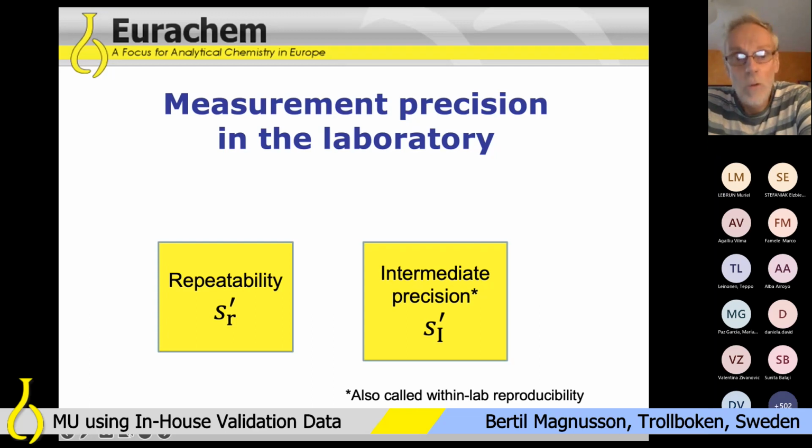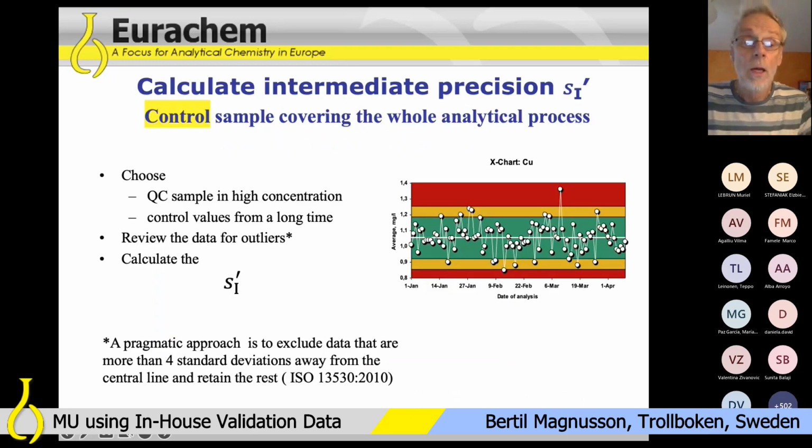So it should include all variation between instruments, between personnel, between summer and winter, between maintenance, and so on, in order to really estimate all variation we can see.